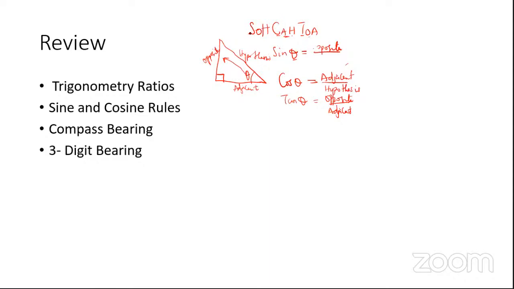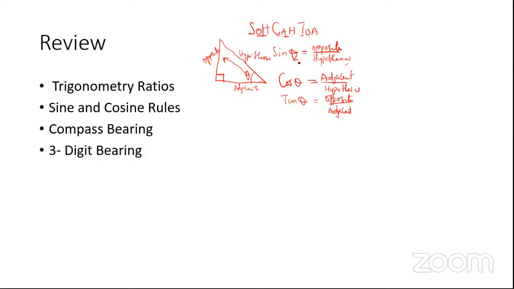So this is it. Sine equals opposite over hypotenuse. That's why we have it as O. So when you have been given hypotenuse and opposite, it's easy for you to find your theta using sine.